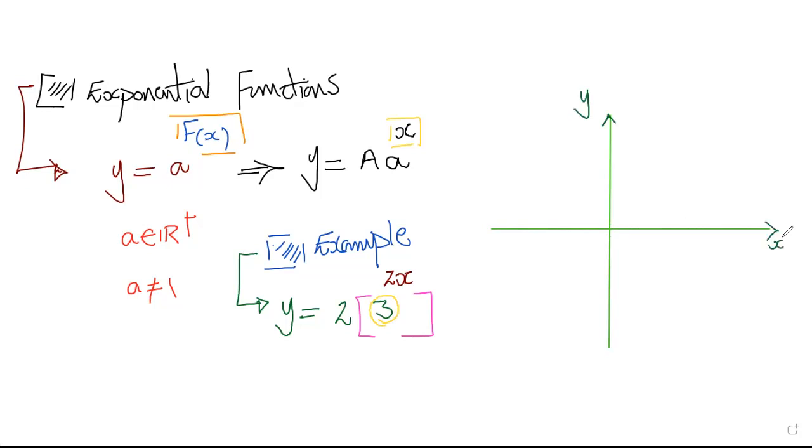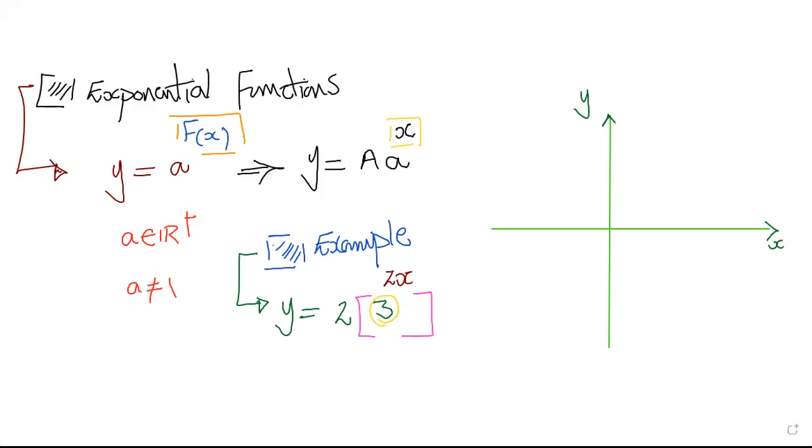But in order to plot any exponential function like this, we have to follow 2 very basic methods. Step number 1 is that first of all, we have to identify 3 key points of this plot.